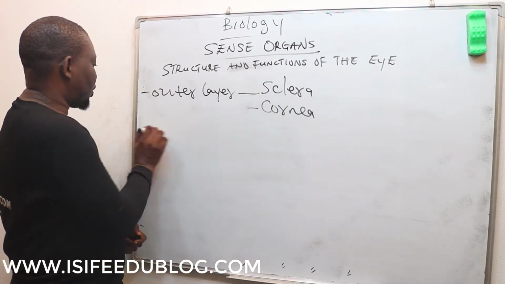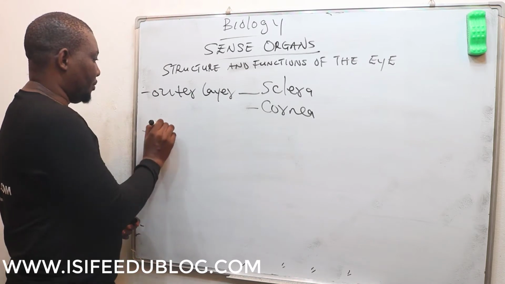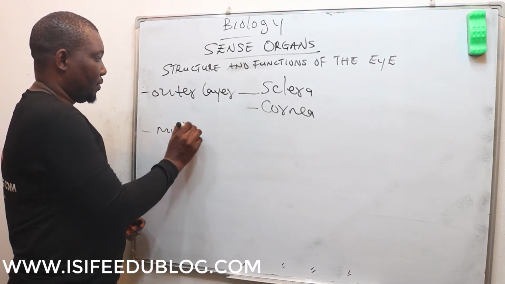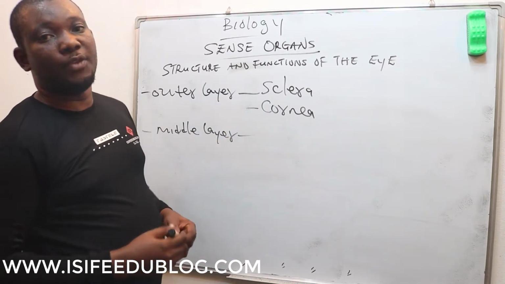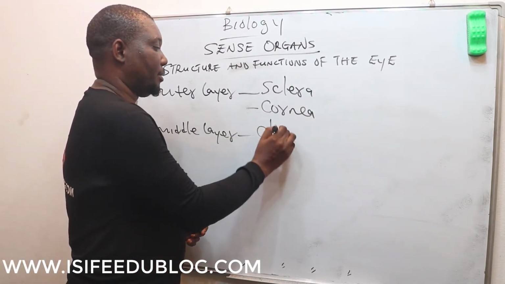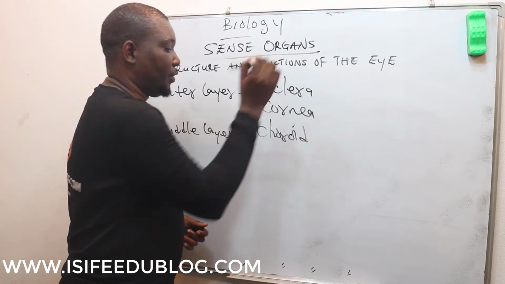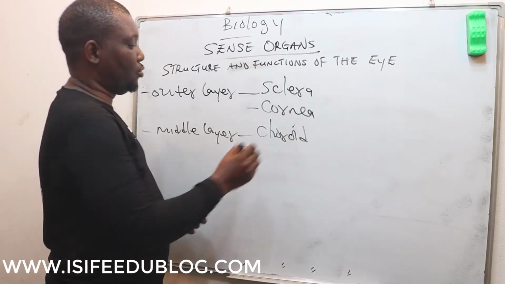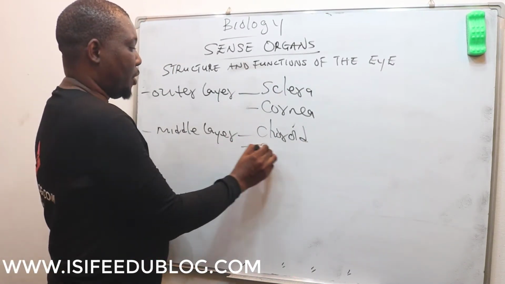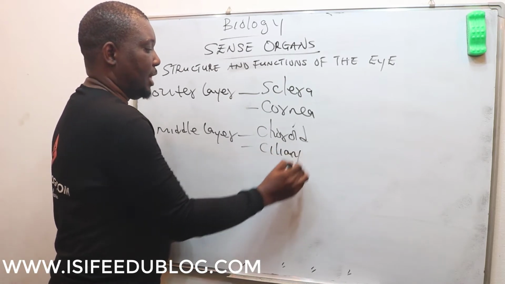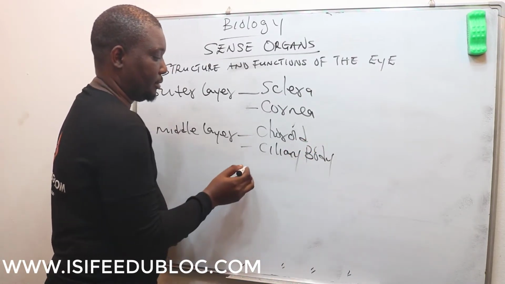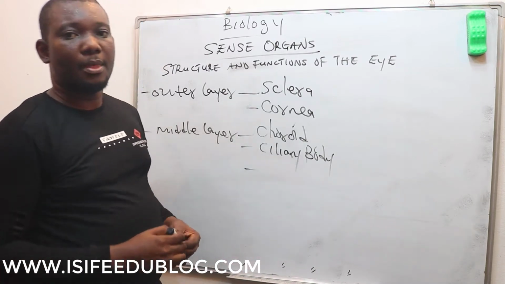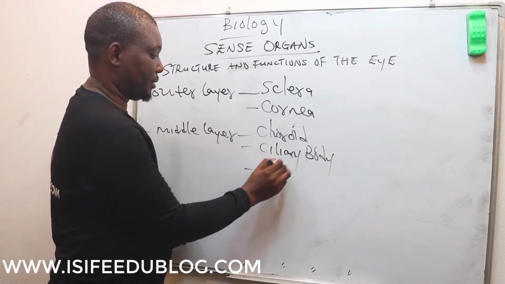And then the second layer of the eye, we have the middle layer. The middle layer comprises the choroid, the ciliary body, and the iris.